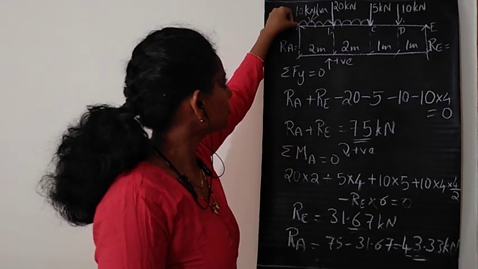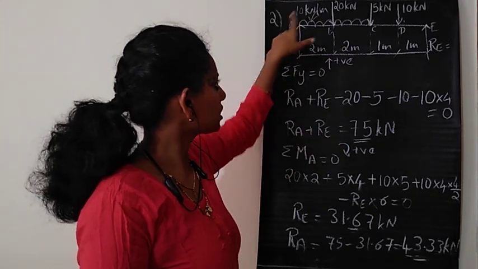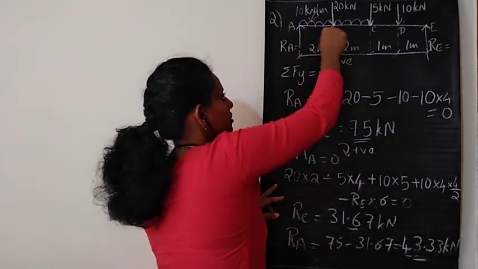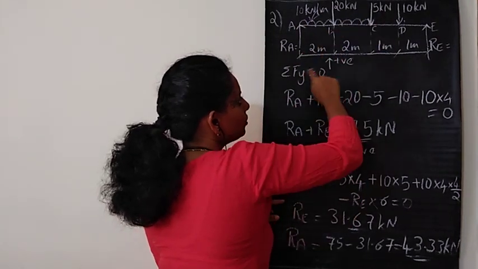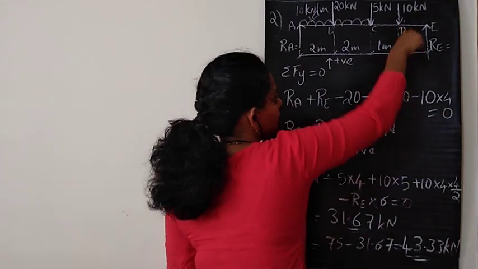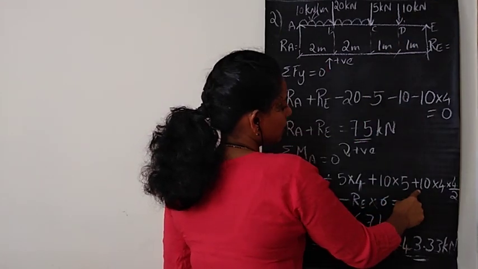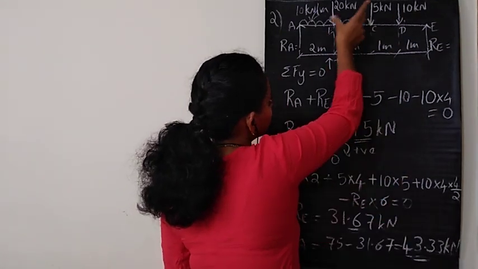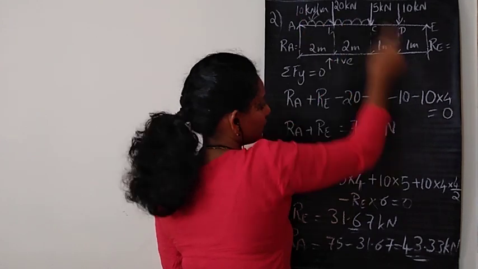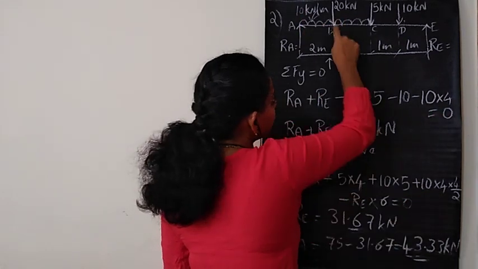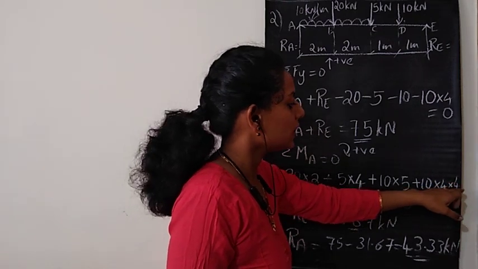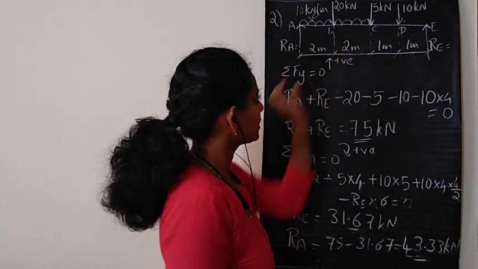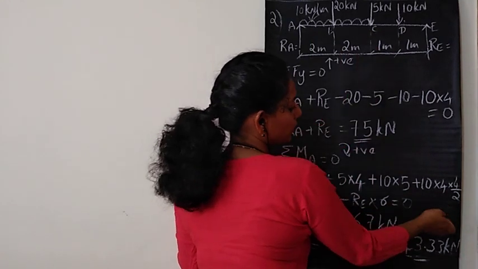Then take moment at A equal to 0. Consider clockwise as positive. So this is clockwise: 20 into 2 plus 5 into distance 4 plus 10 into 5 plus this UDL. First convert it into kilonewton, that is 10 into 4, and for UDL the perpendicular distance or centroid will be half of the distance, that is 4 by 2.